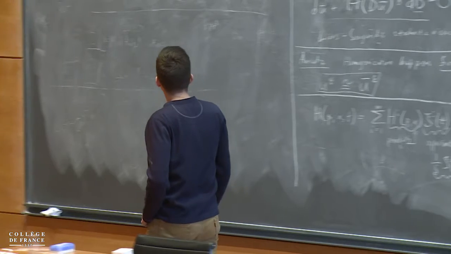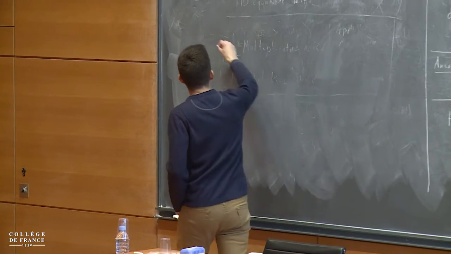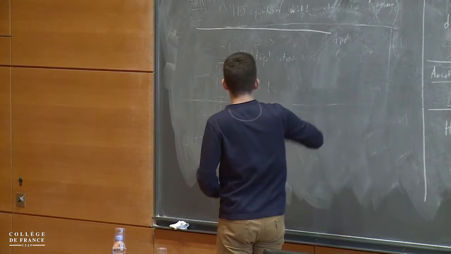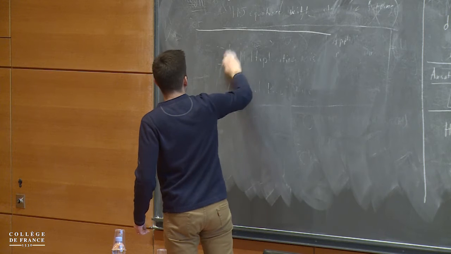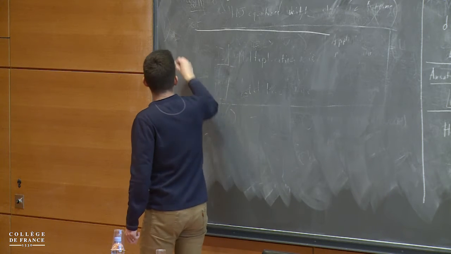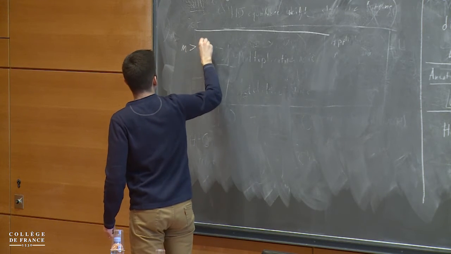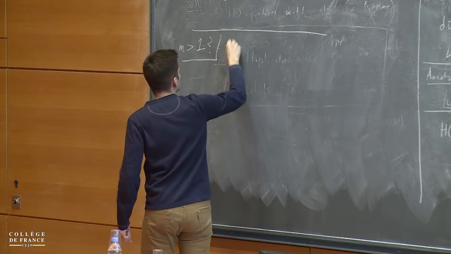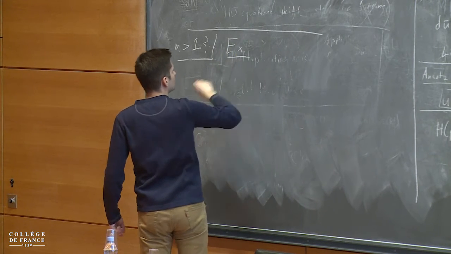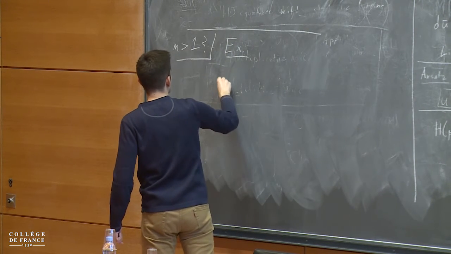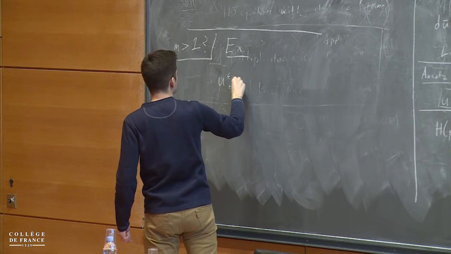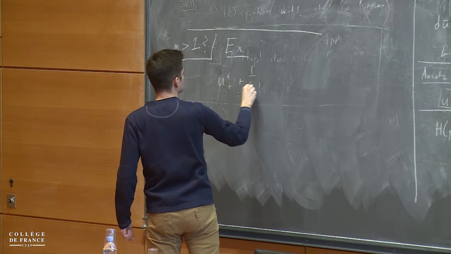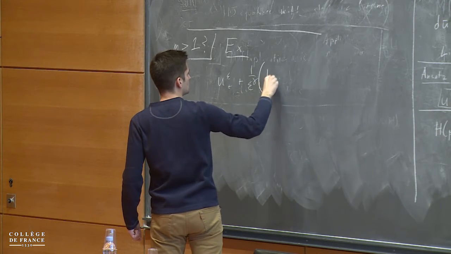So let me just do some examples now, because it's not worth writing some general assumptions. So m bigger than 1, what do we do? Here's my first example. Let me just take u epsilon t plus absolute value of u epsilon x.